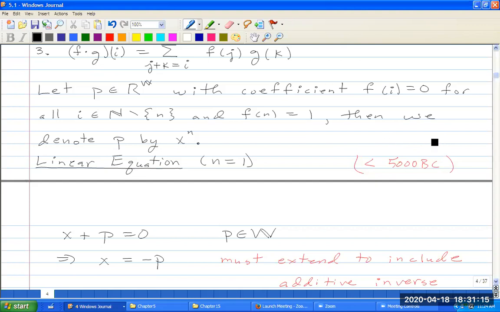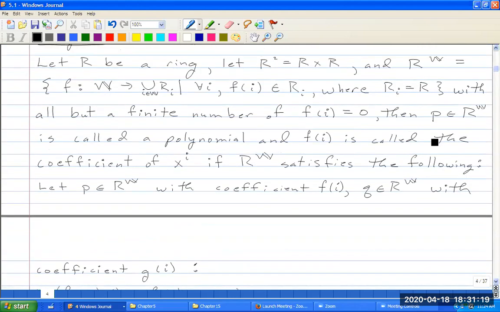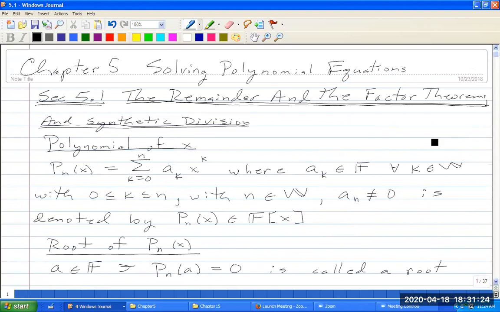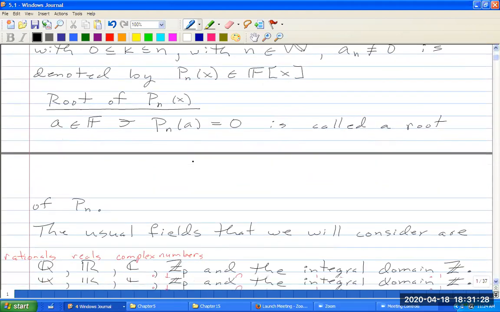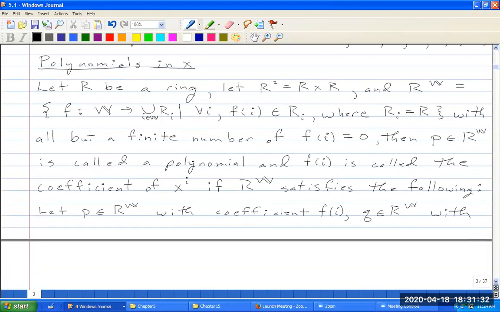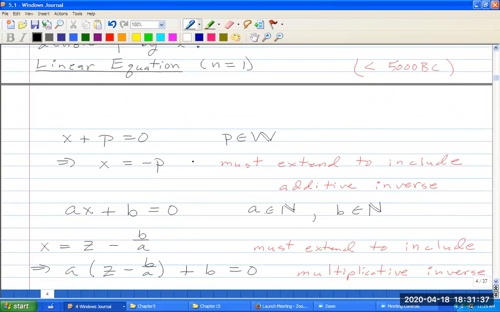Now, if you do that, then the definition that I gave before up here is the same. Using that notation, let's look at solving first some easy equations.